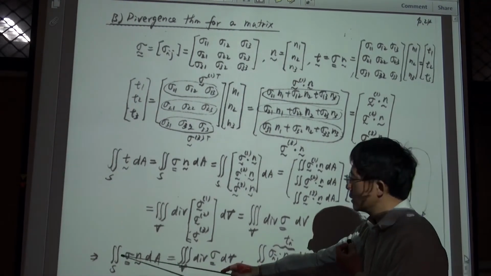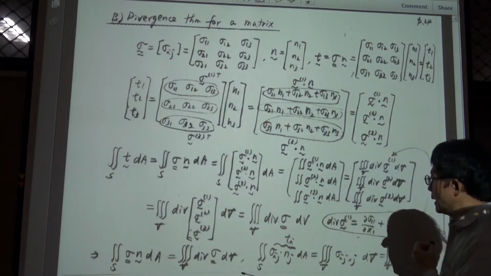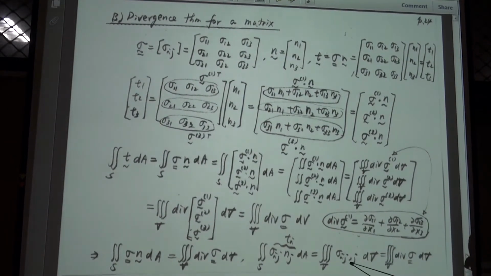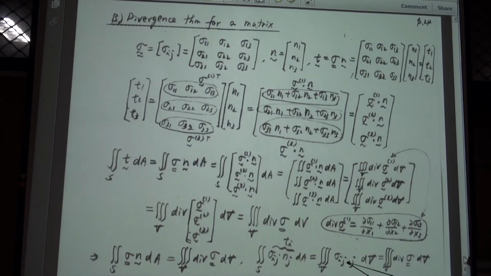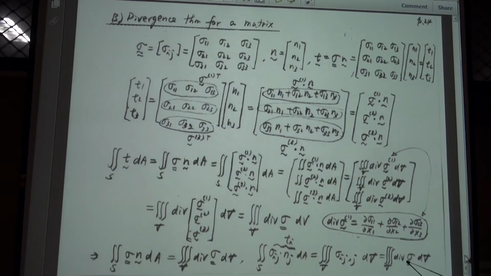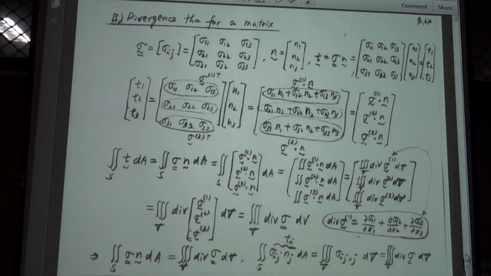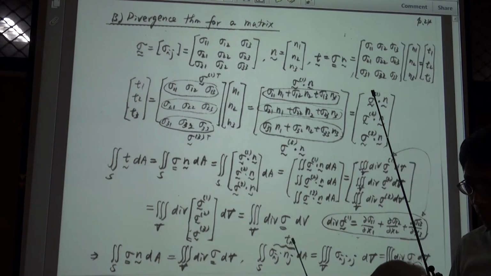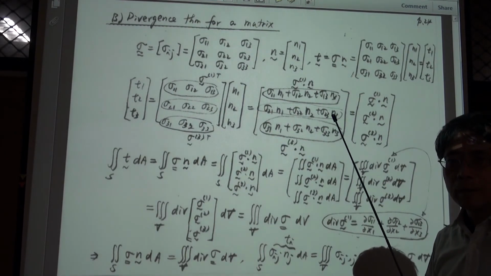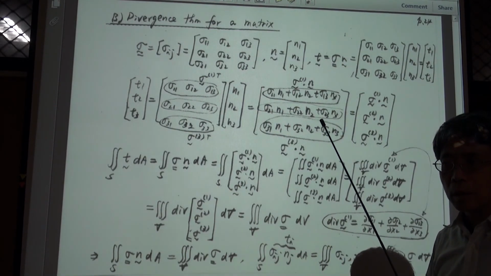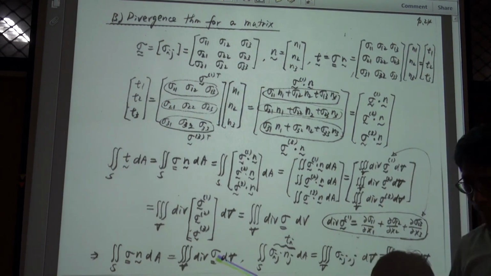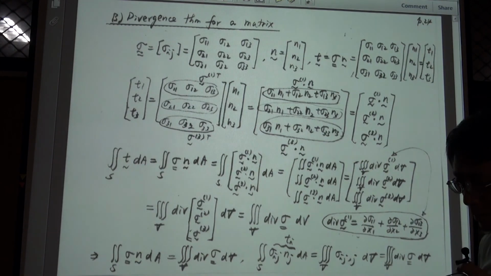This is just the t vector, and then the divergence of sigma equals sigma ij comma j. Comma is the partial differentiation. Okay, and then replaced by this one. In this way we can carry out the divergence theorem for the stress matrix. Okay, we will make use of this result later.